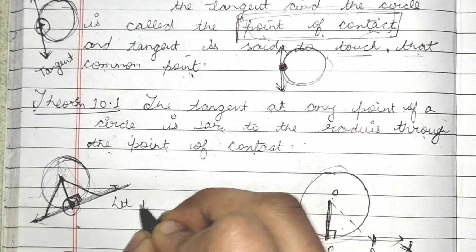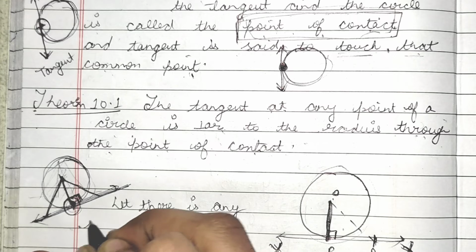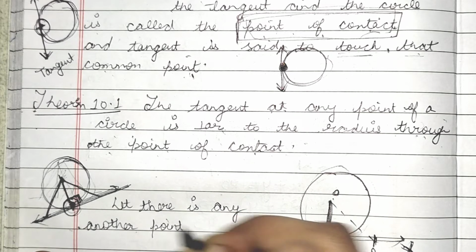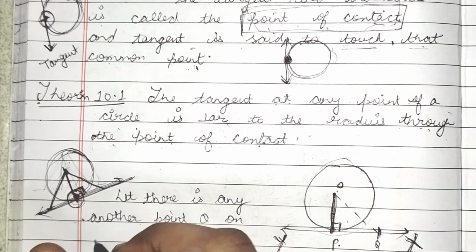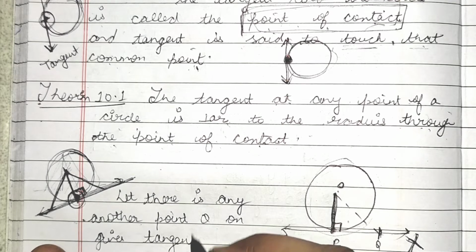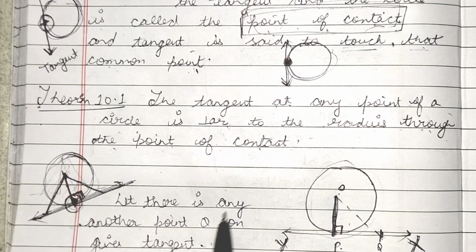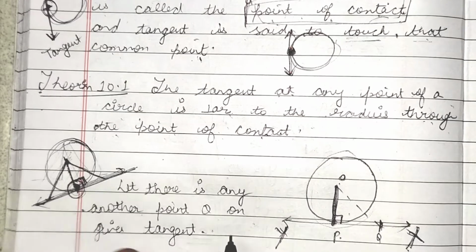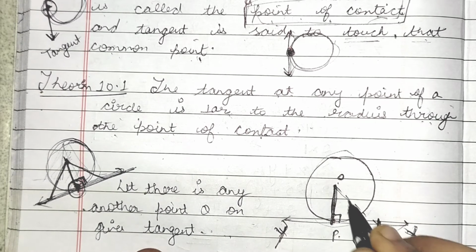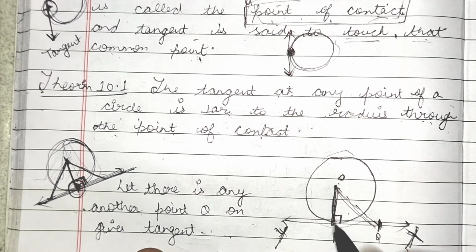So let us suppose there is another point Q on the given tangent. Now you can see very clearly that OQ is greater than OP.